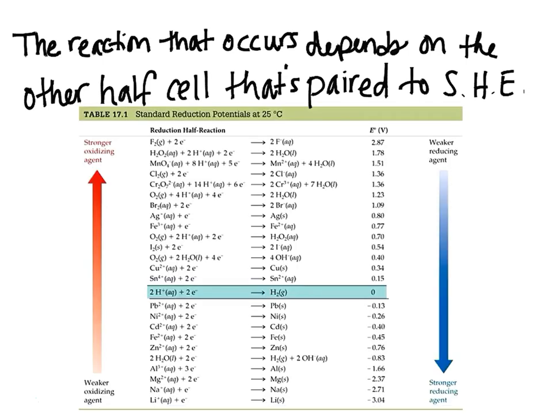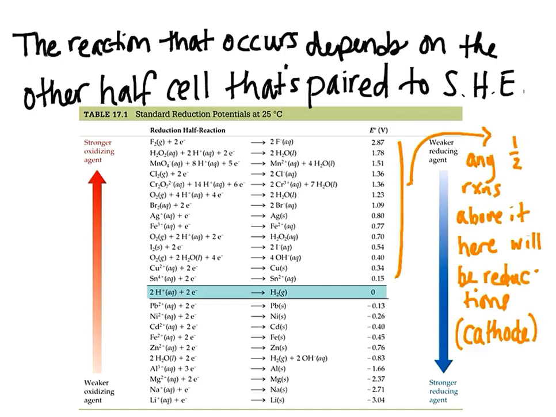And we can use the reduction potential table to look at that. So the reduction half reactions at the top are more likely to occur as reductions as a cathode when paired to the SHE. The SHE will be the anode in that case, and it's marked by this green asterisk.